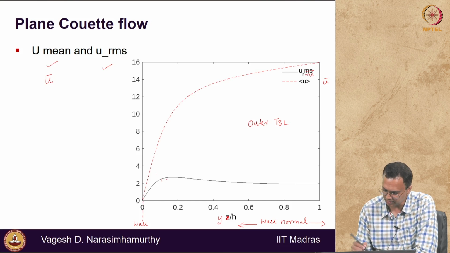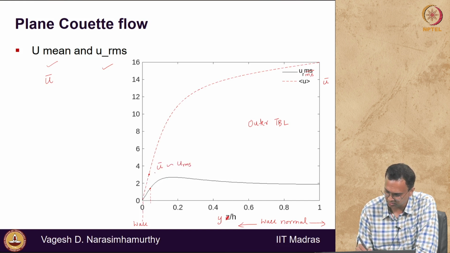And if I come much closer, let's say 0.01 or 0.05, a very, very small zone, then you can see that if I take this distance very close, this value and this value are of the same order of magnitude. So your u bar is of the same order of magnitude as urms in this zone.